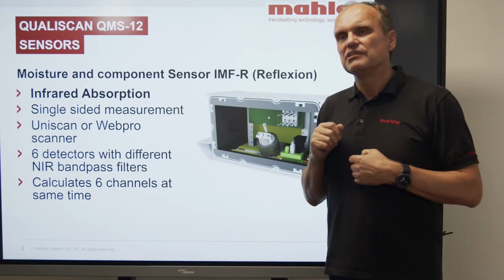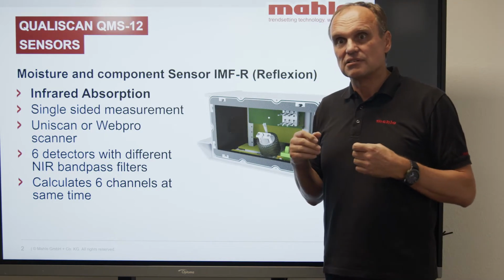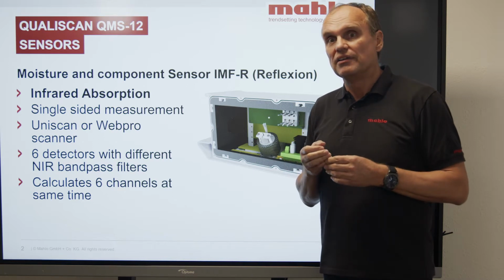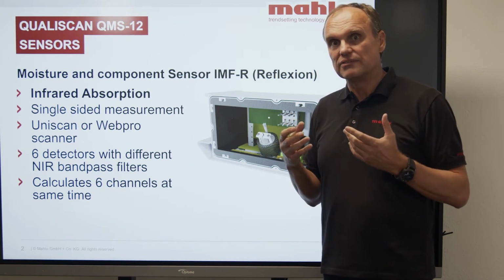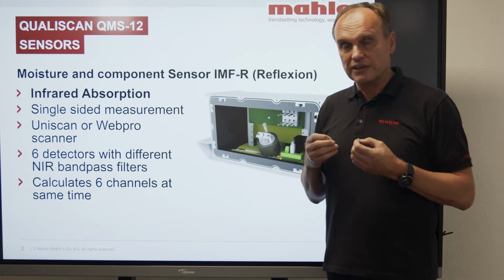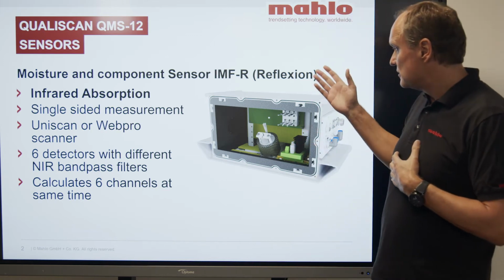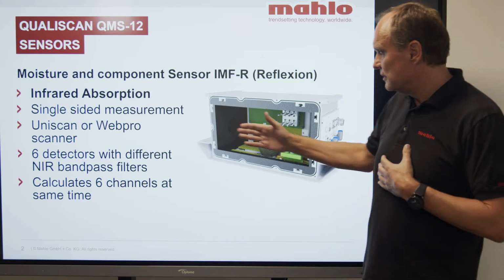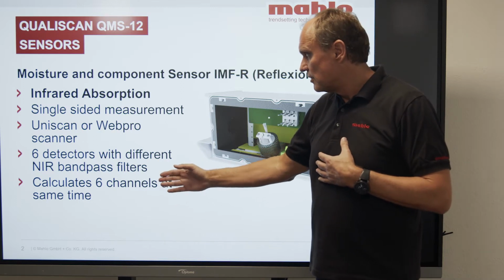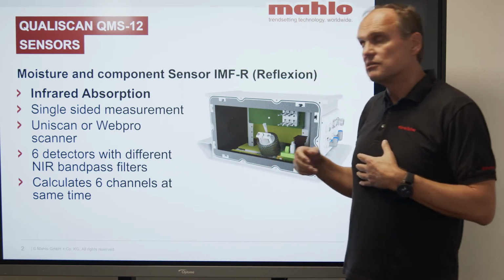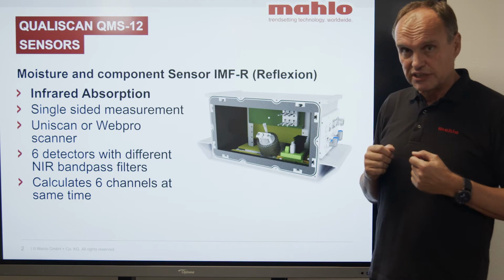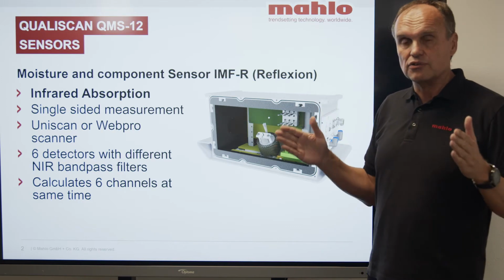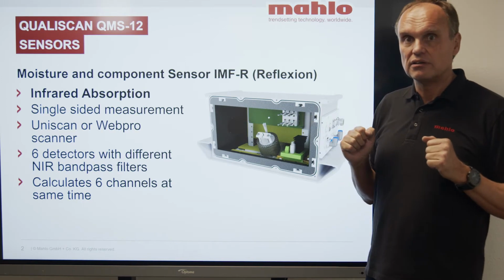If you have seen our mCast moisture measurement, there was mentioned that we have the infrared technology, and this offers the possibility to detect either with 6 channels or the full near-infrared spectrum.